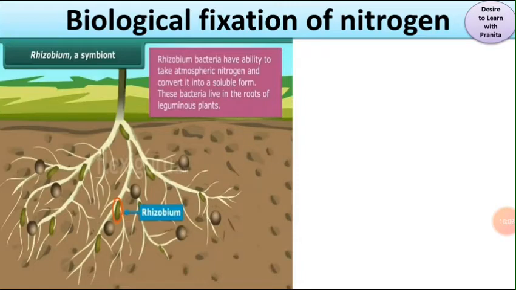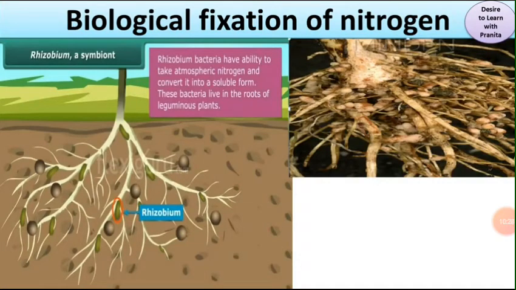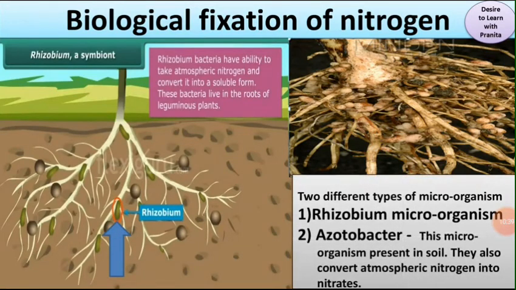So underground you can see here the roots. In the roots, the rhizobium bacteria is present, as you can see here the green color structure, that is the rhizobium bacteria. This bacteria helps convert nitrogen into nitrate compound, and that nitrate compound is absorbed by the root and taken to the plants which need protein.